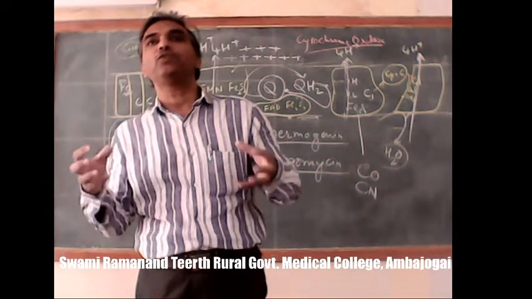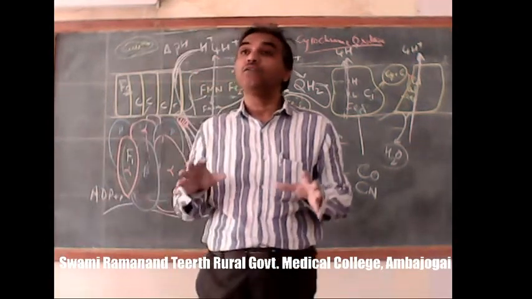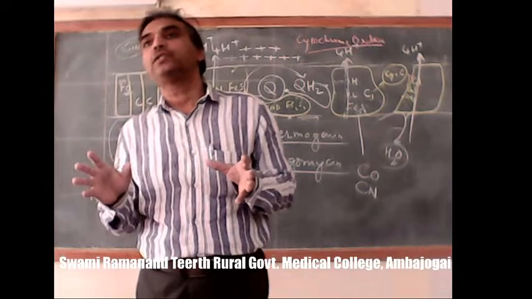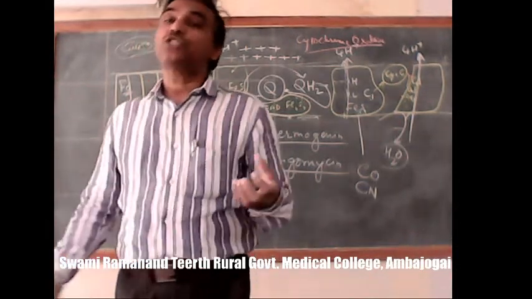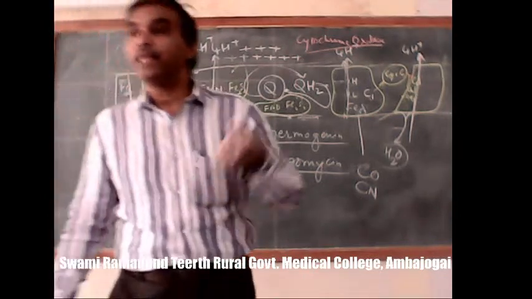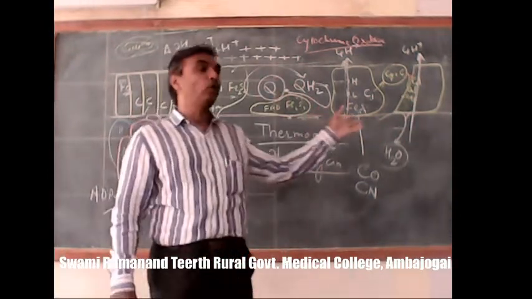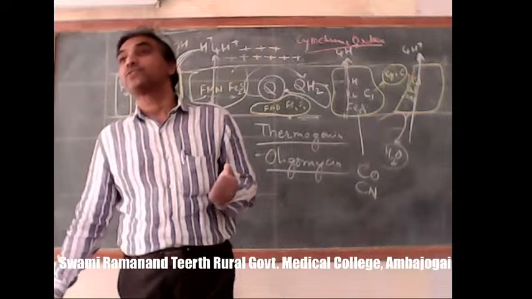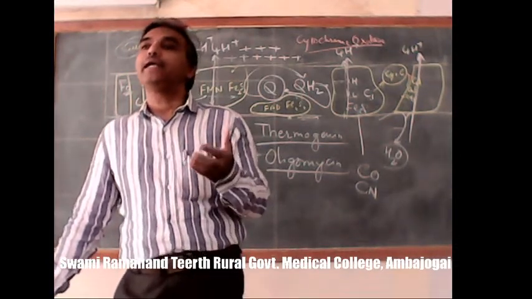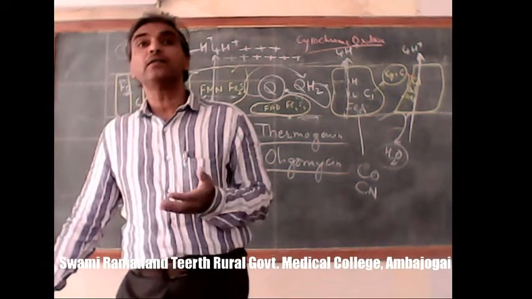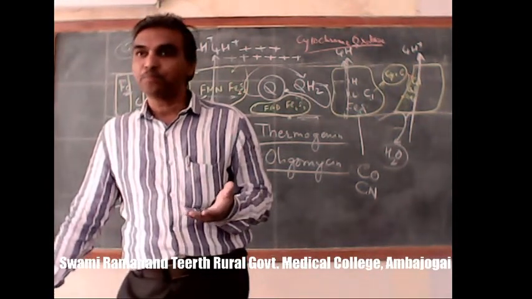Finally, any inhibition of the electron transport chain will definitely hamper oxidative phosphorylation. But for that matter, the last one, the inhibition of cytochrome oxidase by cyanide, is very grave. So immediate death occurs due to cyanide poisoning.